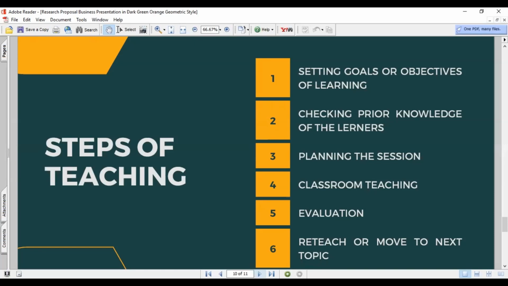Then there is planning the session. So, based on the goals and based on the prior knowledge of the learners, you plan the session, and then you finally go to the classroom teaching and teach the session. All right, through the classroom session, you also keep on asking questions, and the feedback of the students gives you certain pointers with which you understand whether your process or your planning is going as you have planned, or as your objective is.